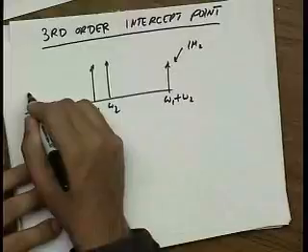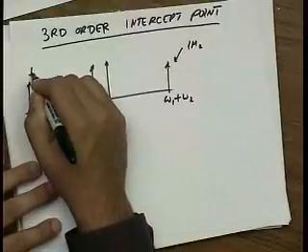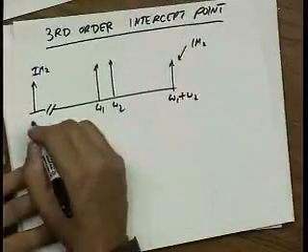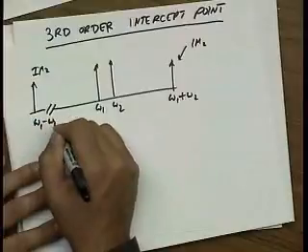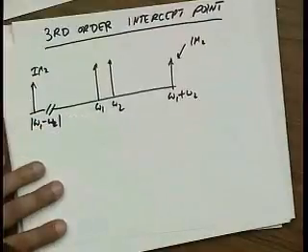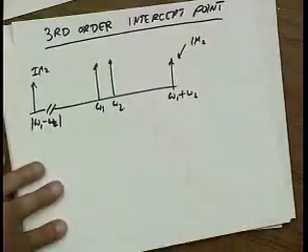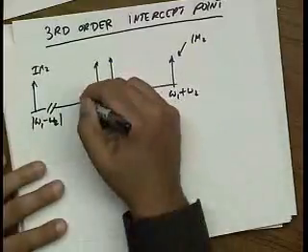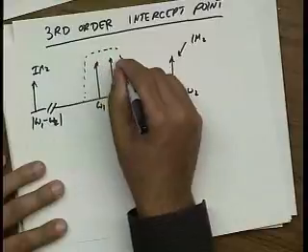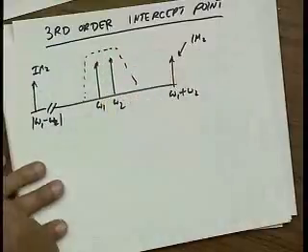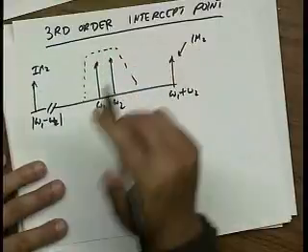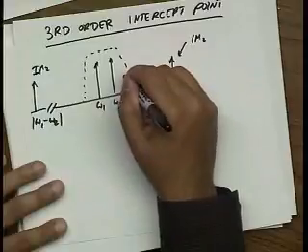And then we have another IM2 product at frequency omega 1 minus omega 2. These are pretty disparate frequencies. If I have a narrowband system, I could put a filter here and get rid of these tones. But IM3, as we discovered, falls very close.